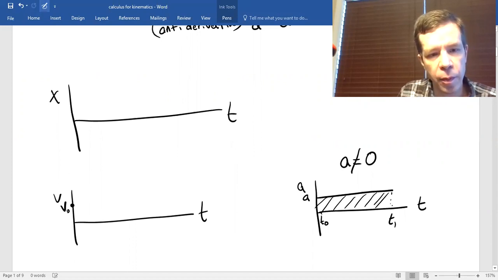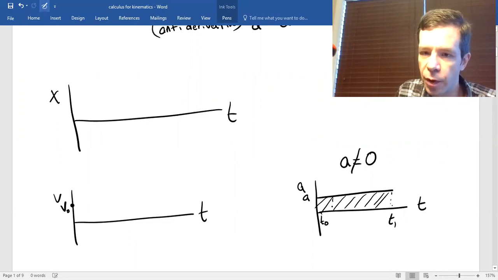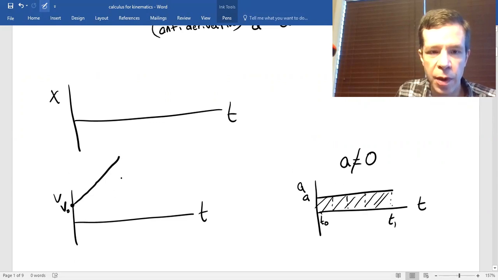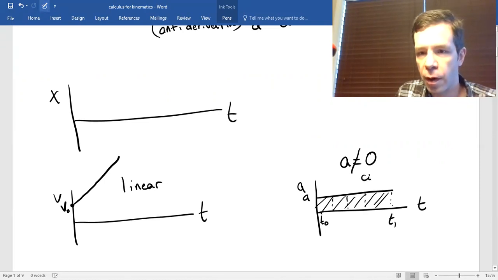We're going to assume some unknown v0. And for each second, we have some change in velocity. But that is the same because we have a constant a. So we get a linear velocity graph for our constant acceleration graph.